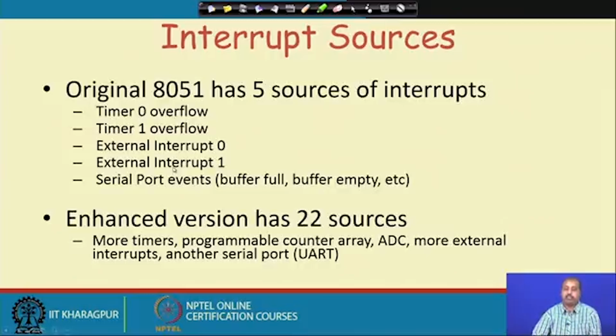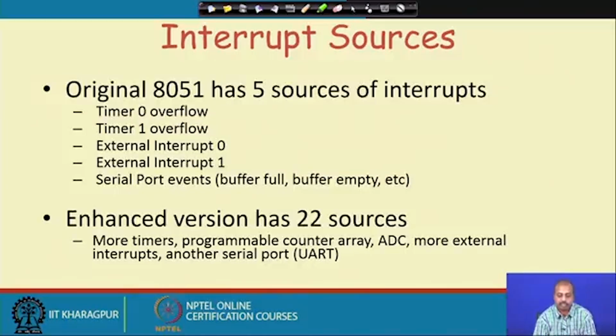In case of 8051, there are 5 sources of interrupts: timer 0 overflow, timer 1 overflow, external interrupt 0, external interrupt 1 and serial port interrupt. For timer 0 and timer 1, we have seen the TF0 and TF1 bits. As I said, you can either poll it in a program, or you can have an interrupt generated when the overflow has occurred.